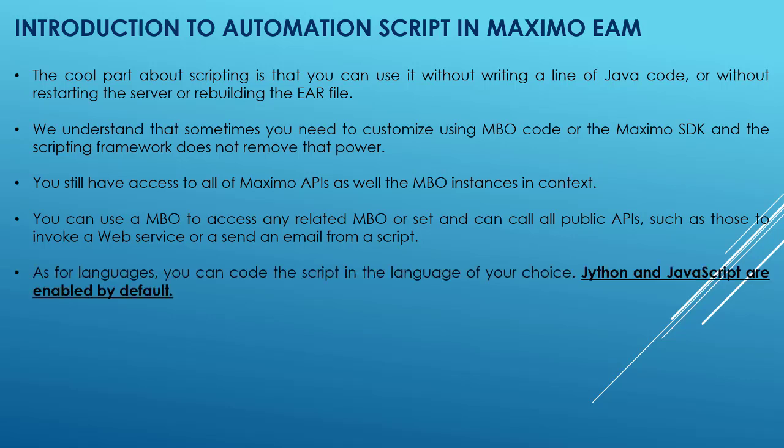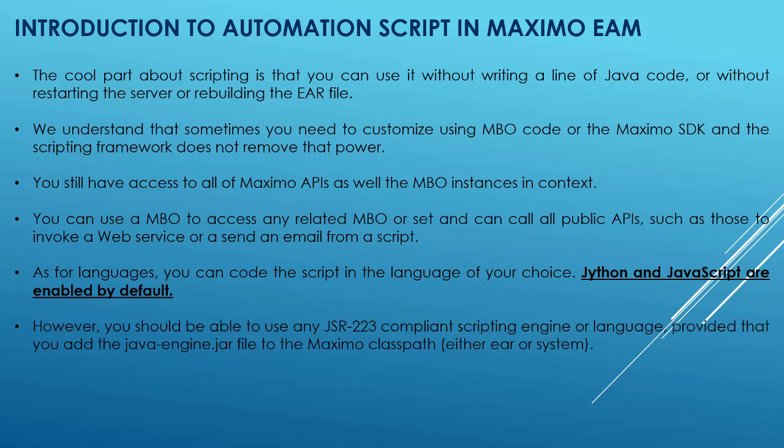As for language, you can code the script in the language of your choice, Jython for example, or JavaScript. They are enabled by default. However, you should be able to use any JSR 223 compliant scripting engine or language, provided that you add the Java engine jar file to the Maximo class path, either the browser archive or system.